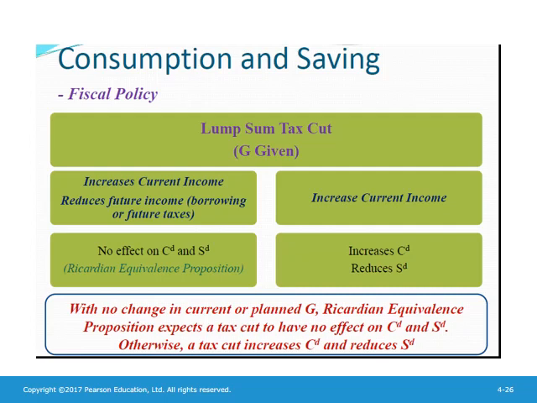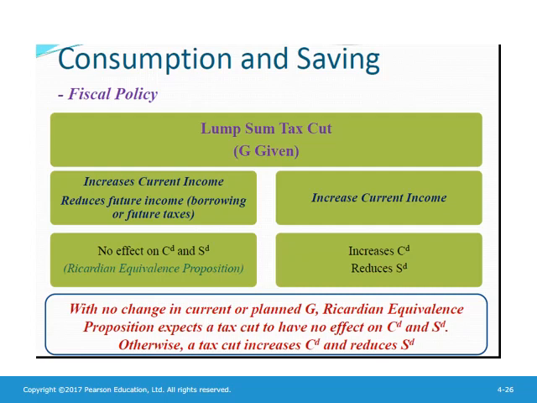An increase in tax in the future means lower expected future income. So they reduce consumption today and increase savings. The opposite, just the opposite. They can exactly offset each other, and this is the Ricardian equivalence proposition.